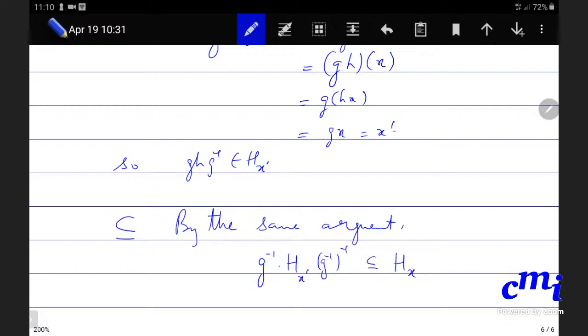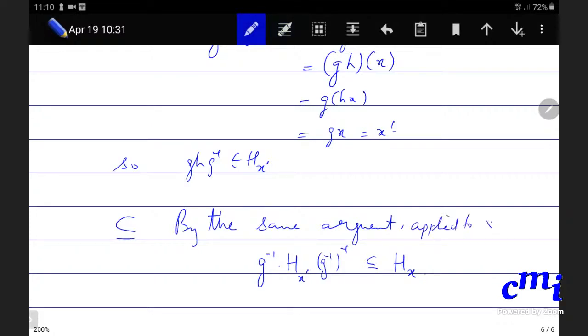Same argument applied to g inverse, taking x prime to x.